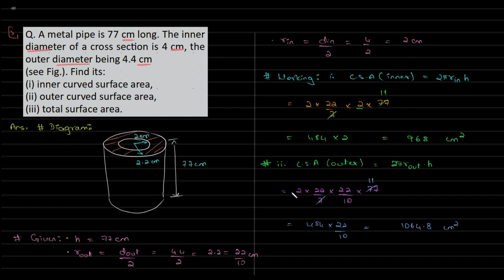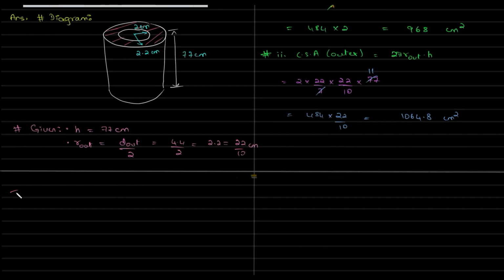So let's move on to total surface area of the pipe, which is nothing but curved surface area of inner plus curved surface area of outer plus pi r square outer minus pi r square inner, as the outer is bigger.